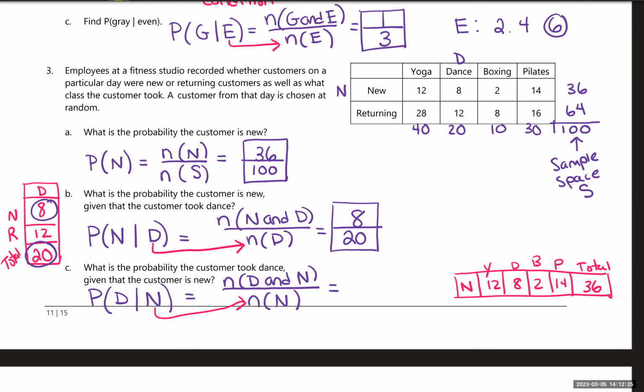So for my denominator, I'm only allowed to look at those 36 people that were new. And then of those 36 people, the ones that also meet the condition of going to a dance class, it was 8 people out of 36.